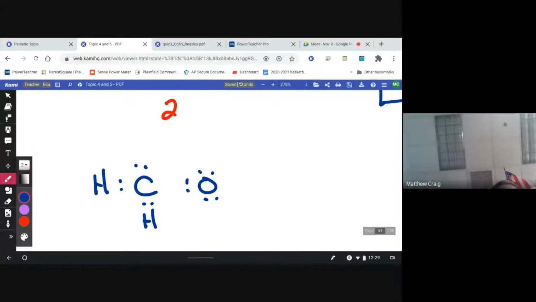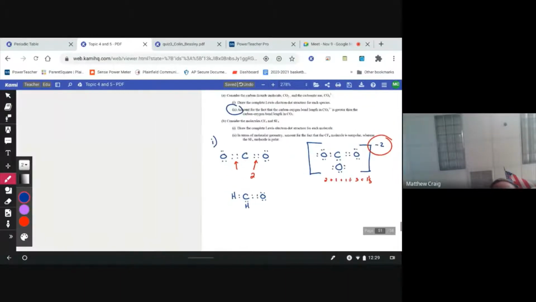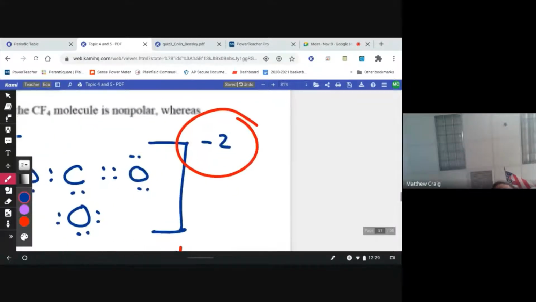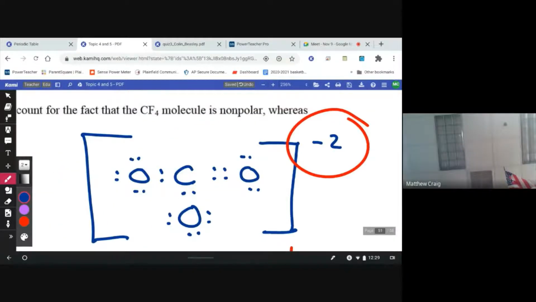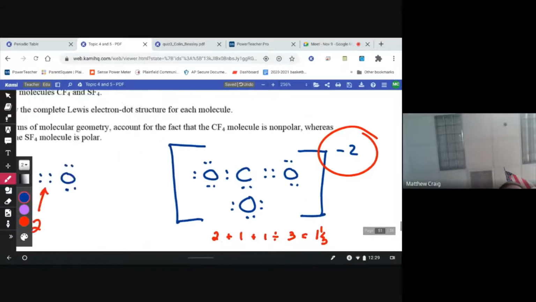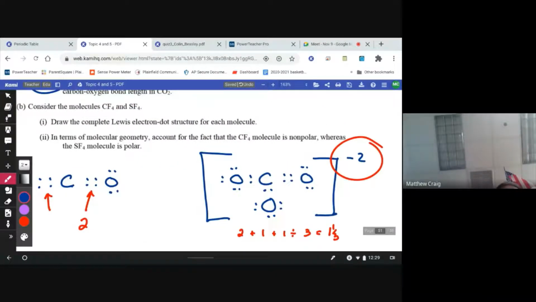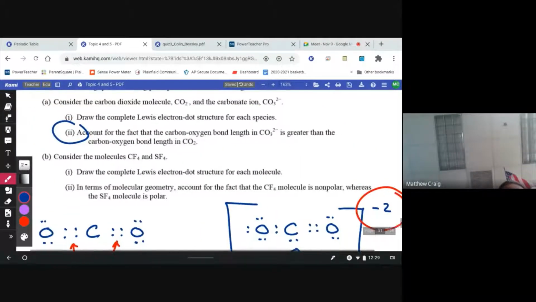Okay, so again, the key was in this one, how are the formal charges? Everybody's 0. Boom, nothing's changing. So if you want to talk about formal charges, resonance structures, you're spot on for that one. All right. That's always a fun one.